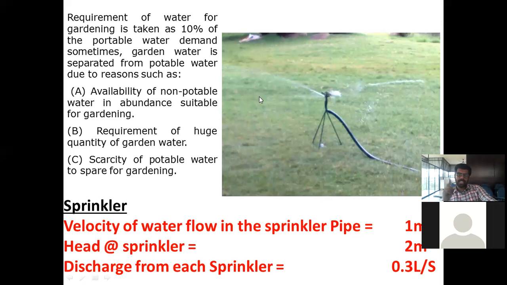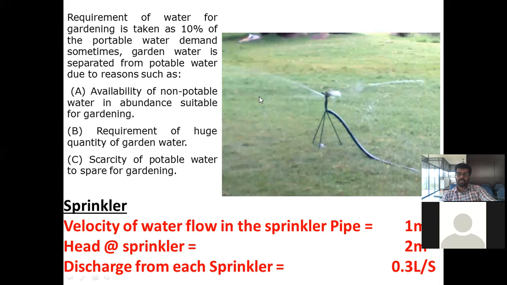The second point is the requirement of a huge quantity of garden water. Because of the demand for a huge quantity of garden water, it is separated from potable water.